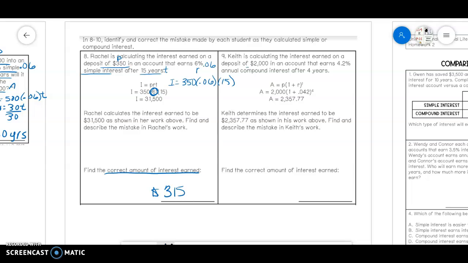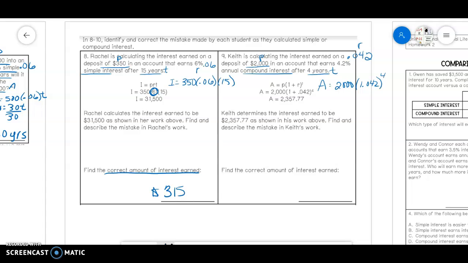Same thing here, we have a deposit of $2,000 on an account that earns, I'm going to change that to 0.042 as our rate, compound interest after 4 years. So A equals 2,000 times 1.042 to the 4th power.